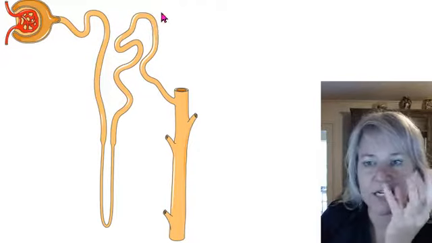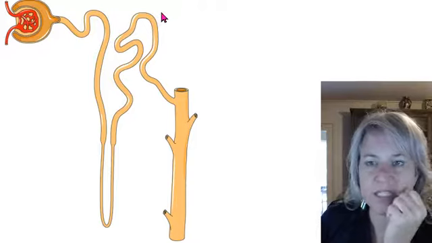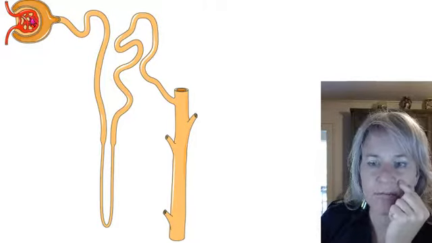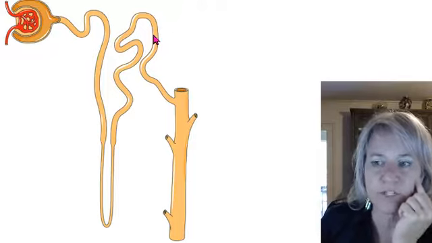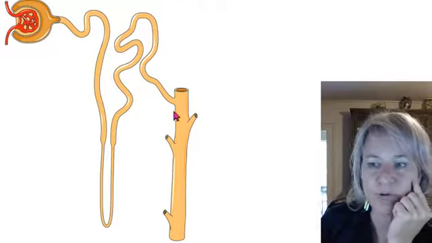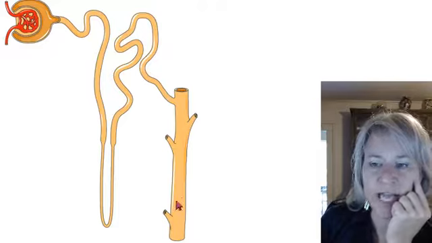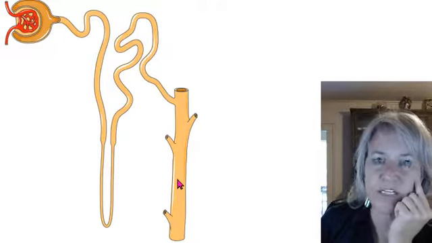So big toxins that didn't come out at the glomerulus, well, maybe they can be secreted into this distal convoluted tubule to be removed with the urine. So then we have the collecting duct, which is going to collect that urine.